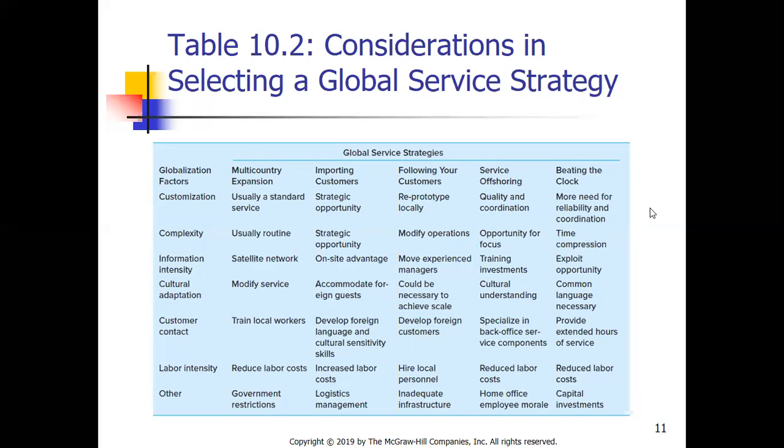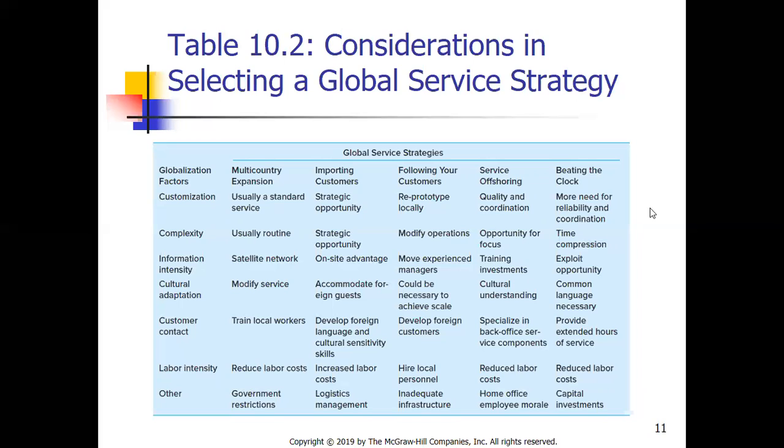And beating the clock means that you gain competitive advantage through the clock and domestic time zone. Sometimes you can play around with the hour difference of the time zone, so in terms of logistics and so on, you can take that as part of your competitive advantage.